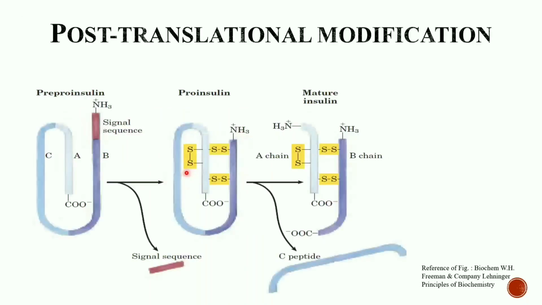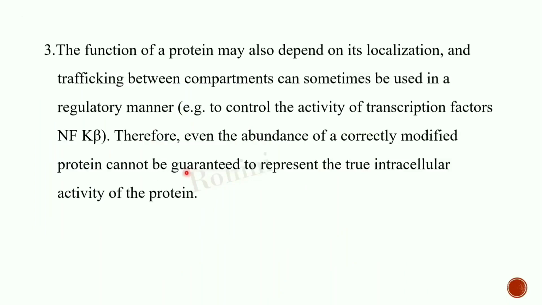And for finding out the localization and trafficking between the compartments, there is a need to study the proteins as they are. The function of the protein may also depend on its localization and trafficking between the compartments in a regulatory manner.